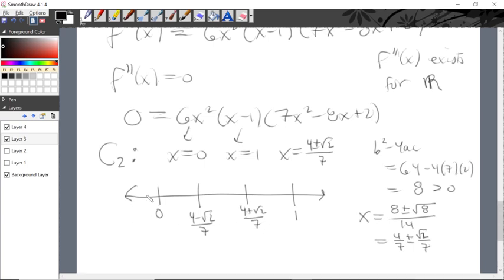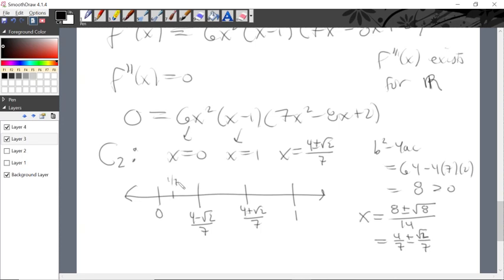We can figure out numbers to choose that are within these subintervals. You could approximate this with your calculator if you want to, and then choose a value that is less than this but more than that. For instance, the square root of 2 is about 1.4, so 4 minus root 2 is about 2.6. 2.6 over 7. Well, then I can choose 2/7 or 1/7 even, as a test value.